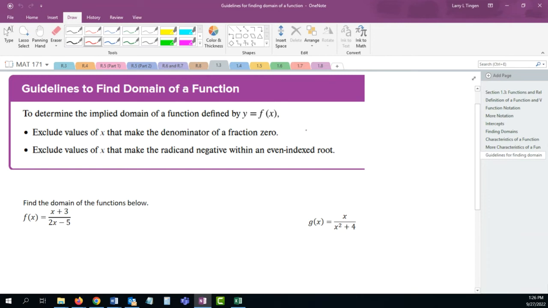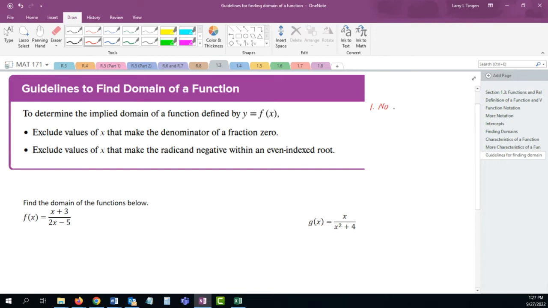There are 2 things you cannot do in this class or in this section. The first one is you cannot divide by 0. And the second one is you cannot take the even root of a negative number.